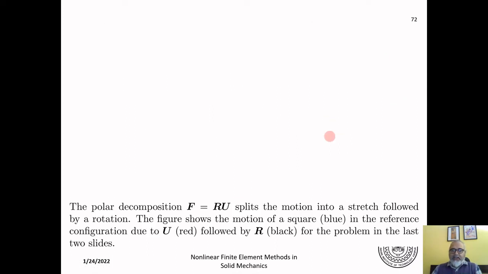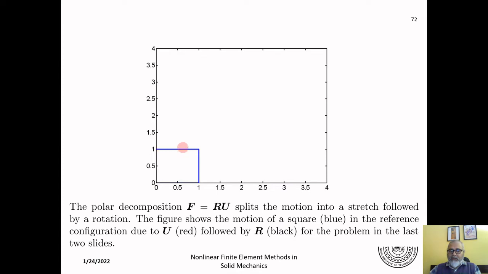Again, I start with a 1 by 1 square. So I take each of these lines, say this line, let's say this line is simply E2, and I apply U times E2 to it and see where it goes.